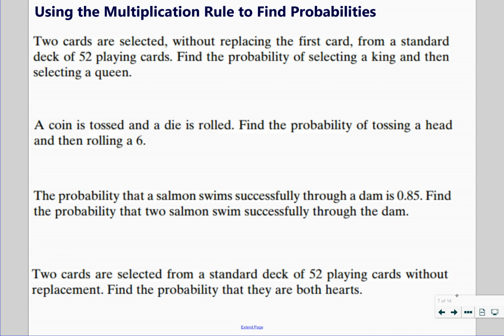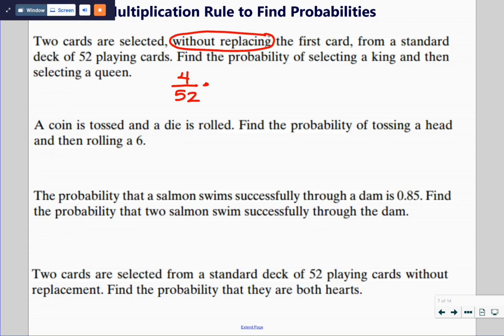Two cards are selected without replacing the first card from a standard deck of 52 playing cards. Find the probability of selecting a king and then selecting a queen. The probability of selecting a king would be 4 out of 52. Then in the second probability, without replacement, what's going to change?